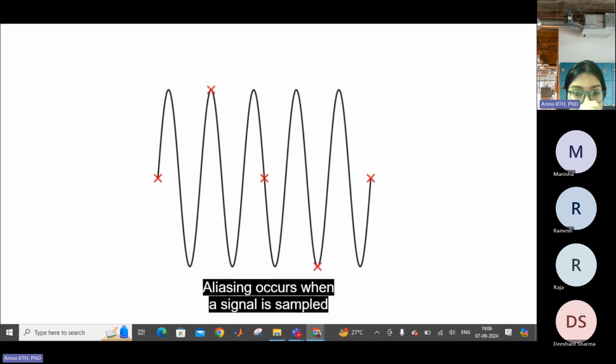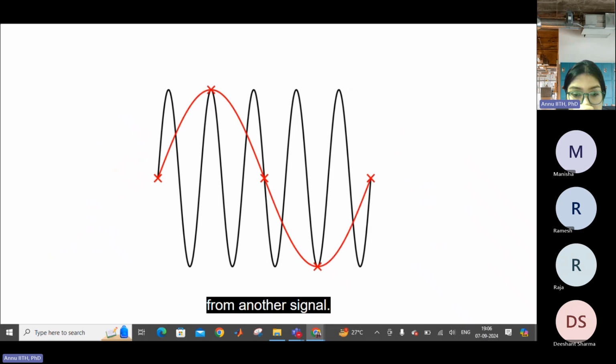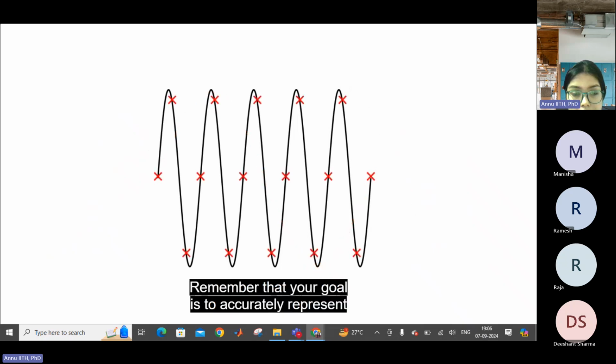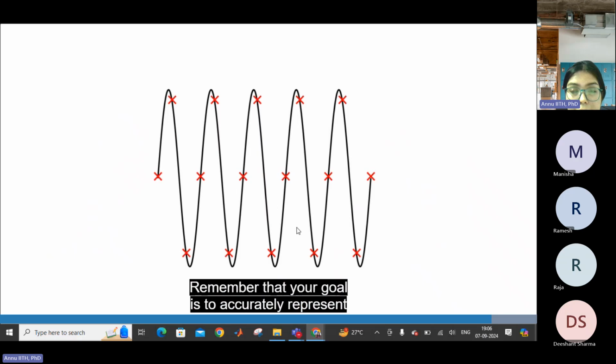Aliasing occurs when a signal is sampled in a way that makes it indistinguishable from another signal. Aliasing happens when fs is less than 2 f max and the signals are collapsing onto each other, so you can't differentiate between two signals.